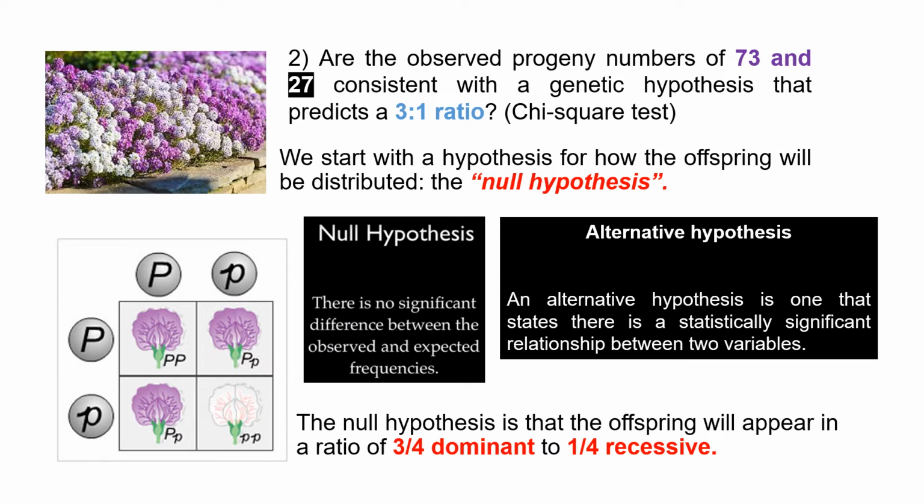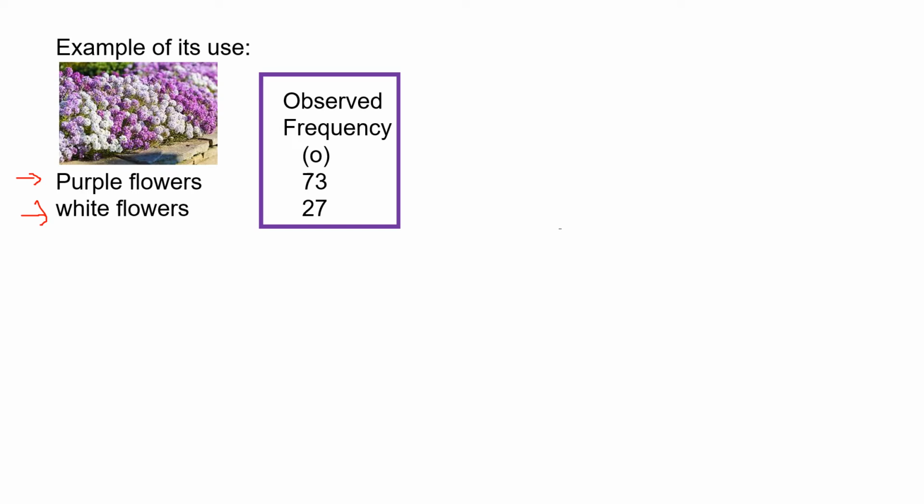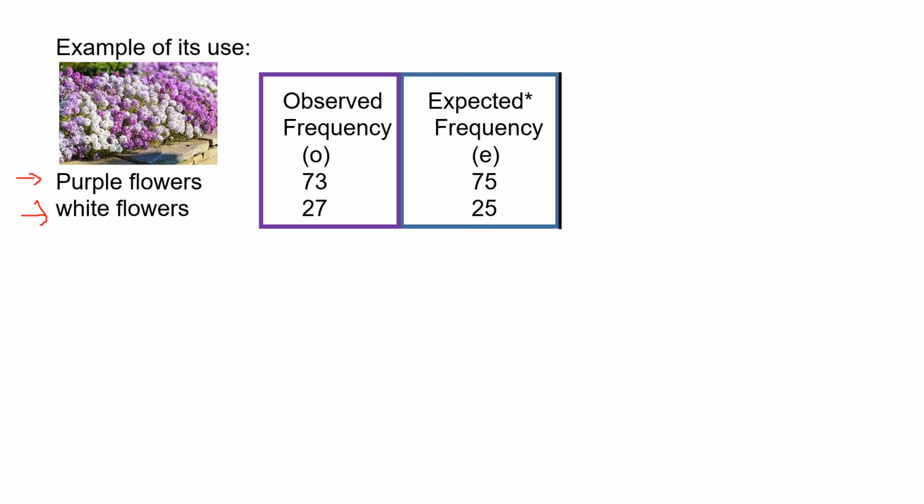So the next step is to apply the formula. I'm not going to go step by step very quickly, but I'm just going to show you some values. The first thing, as we talked about, is to have the observed and expected values. So these are your observed values, these are the expected values, and this is a ratio of 3 to 1.